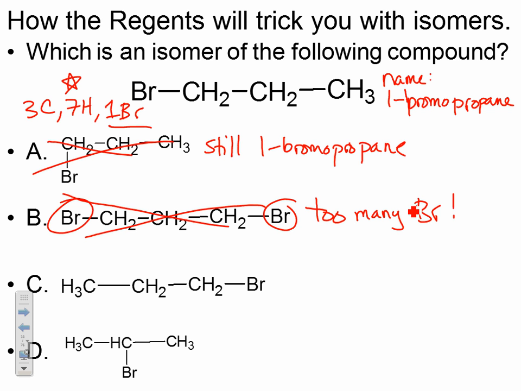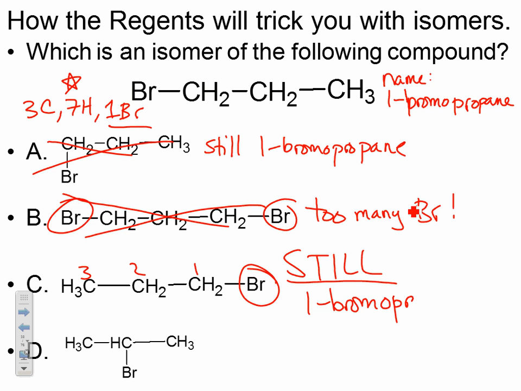It's 3-bromopropane. There is no such thing as 3-bromopropane. Remember, you number your carbon chain so that your substituent, which in this case is the bromine, is closest to the number 1 carbon. This is still 1-bromopropane. They just wrote it with the number 3. Basically, they numbered their carbon chain right to left instead of left to right. So it is not this option, and that's the big way that the Regents will try to trick you.